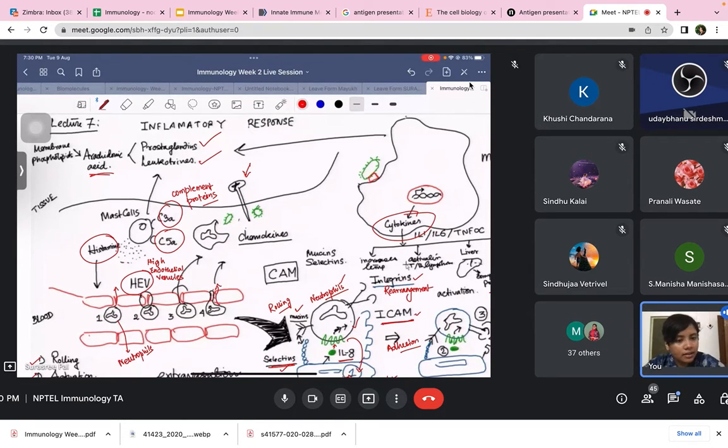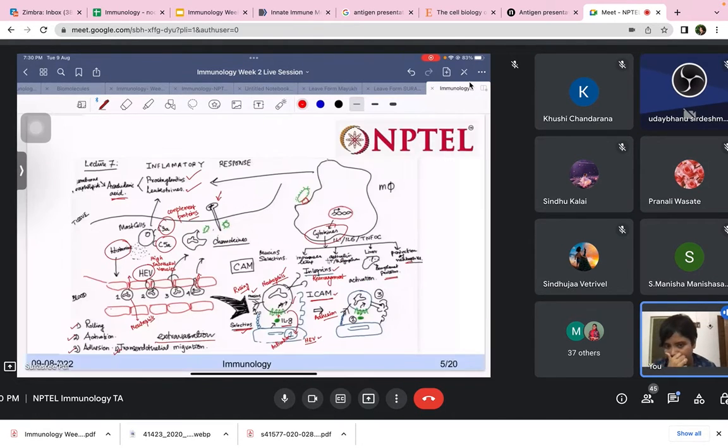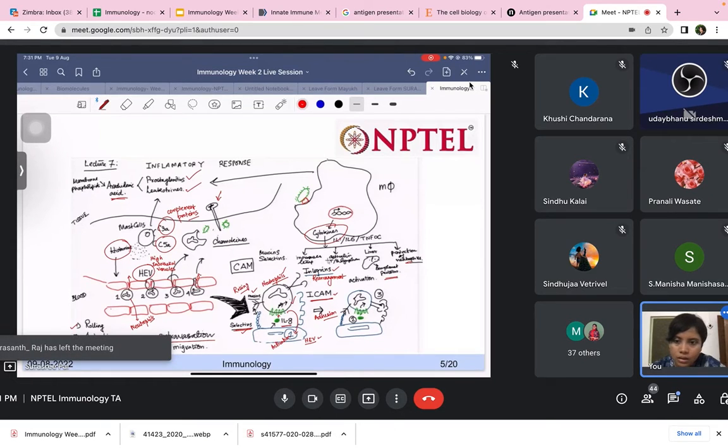We now know which molecules bring about the inflammatory response, right? I hope I'm being clear to most of you. If you have any queries, you may ask. You may also speak to me directly instead of writing in the message.